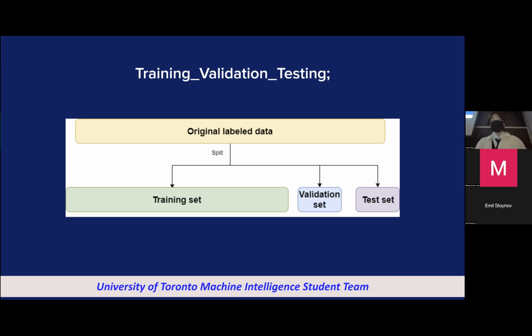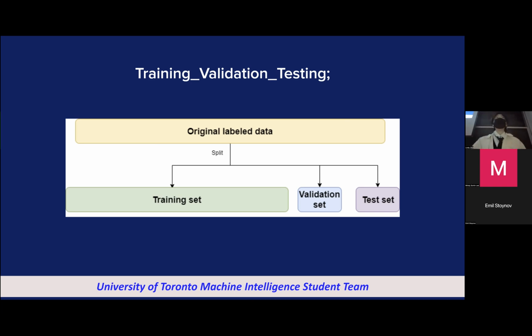So basically, training sets, as the name suggests, you use to train your model. What happens is that we're looking at this set of data. We're actually putting our model through this data, and at the end of each batch, for example, you update your model through the outputs of your model using this training set.